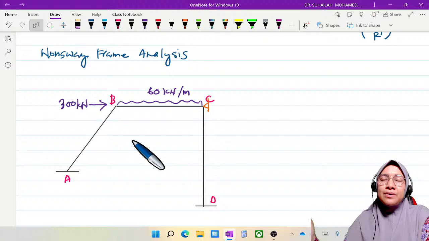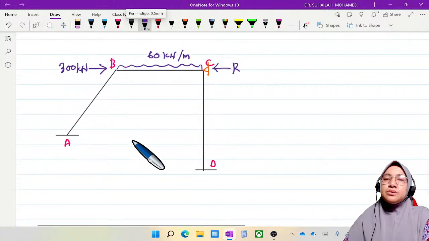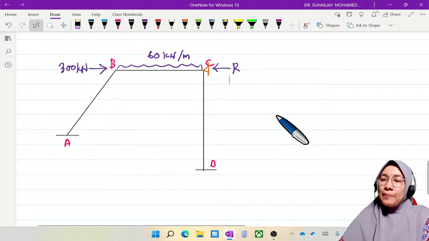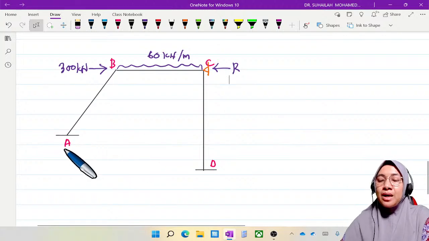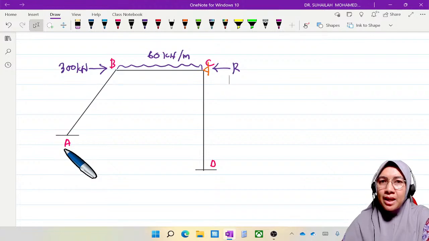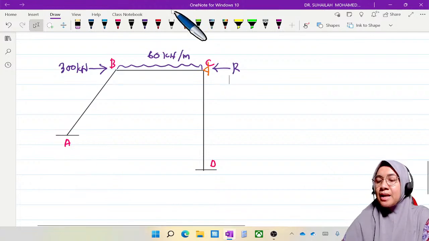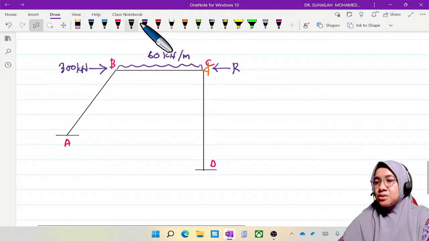This is R. Under this frame, if we want to complete this, we will have the free body diagram, meaning that we will put all the reactions at support A and at support D. So we will do that first.